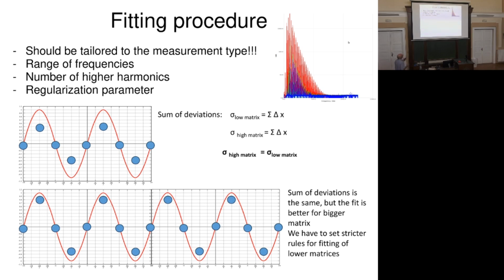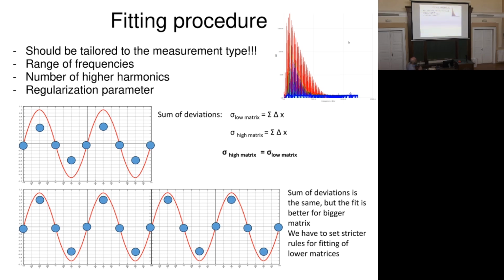Olaf already mentioned that the range of frequencies, the number of higher harmonics, is crucial, because it doesn't make sense to include the noise here, because it spoils the fitting. And then there's the regularization parameter, which is extremely hard, and you really must keep in mind that it's not the same for different samples or different matrices.